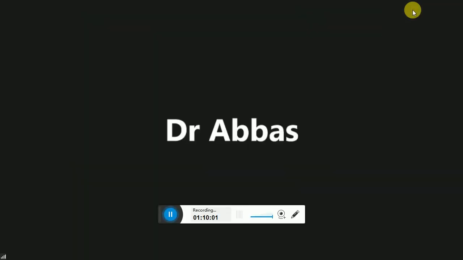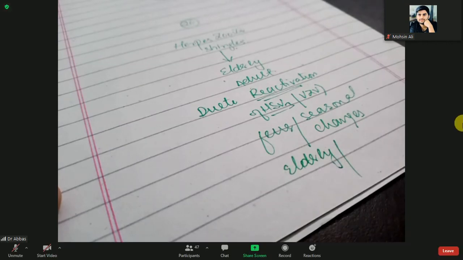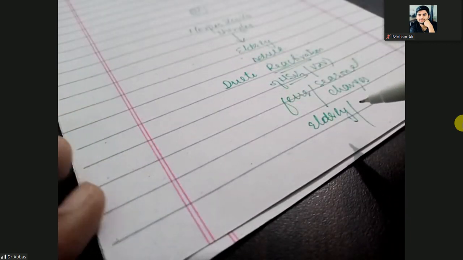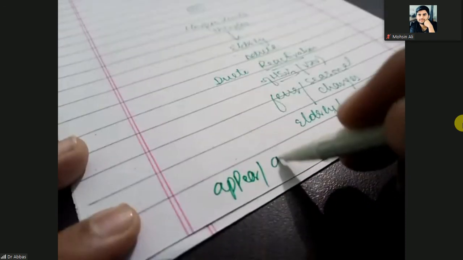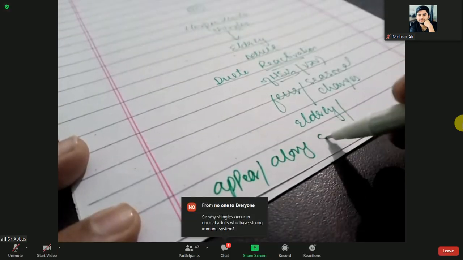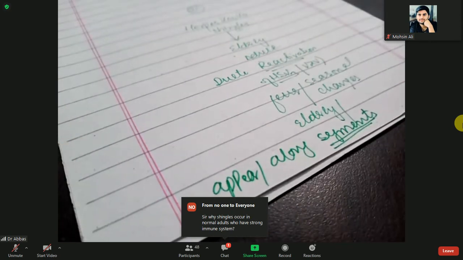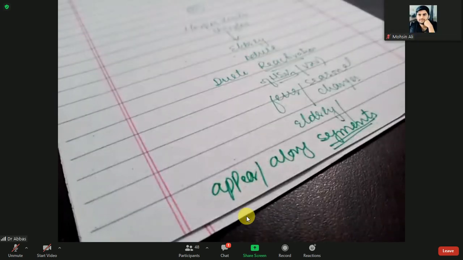In those cases this varicella zoster virus will reactivate and cause shingles, and this shingles tends to follow the segments. So herpes zoster will appear along segments, not on all parts of the body. So which segments?